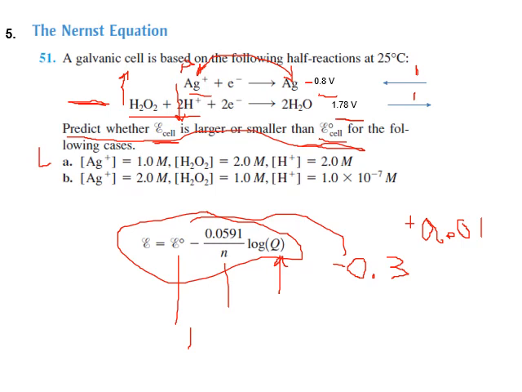And then for part B, the product has increased and the reactants have either stayed the same or gotten smaller. That's an indication that we're running the cell down. So just common sense tells us that the voltage is smaller than the original voltage when you started off at 1 molar concentrations. You could also put 2 over 1 and forget about the 1 on the right, which means you're going to be taking the log of 2, which is plus 0.3. So plus 0.3 times 0.059 is going to be like 0.01.